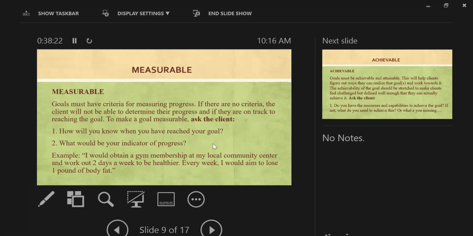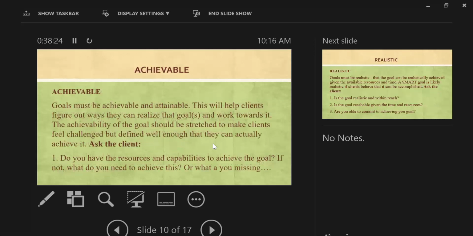Okay, measurable, achievable. Goals must be achievable and attainable. This will help clients figure out ways they can realize that goal and work towards it. The achievability of the goal should be stretched to make clients feel challenged, but defined well enough that they can actually achieve it.